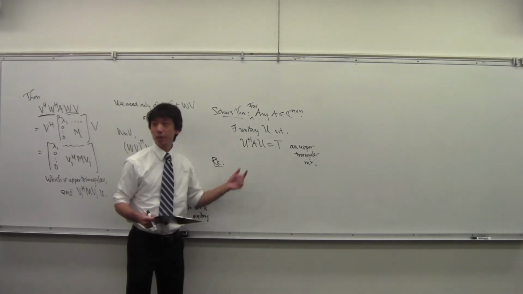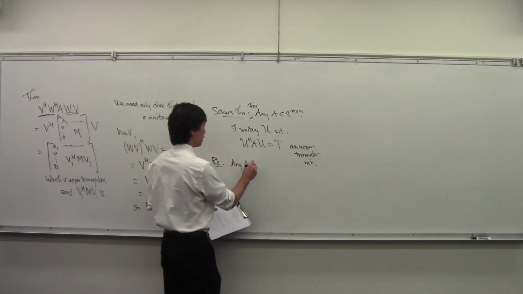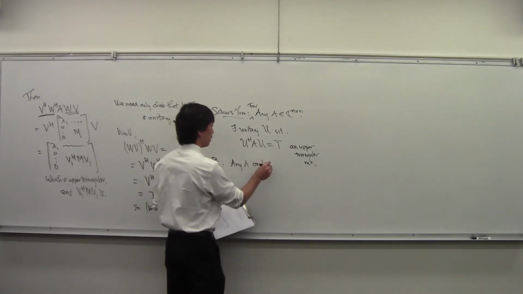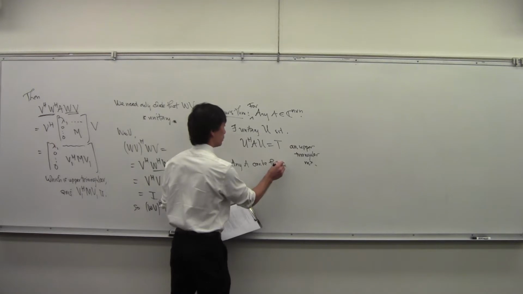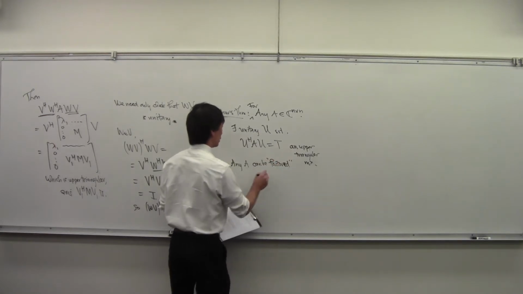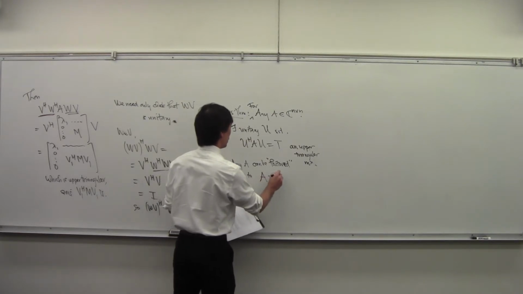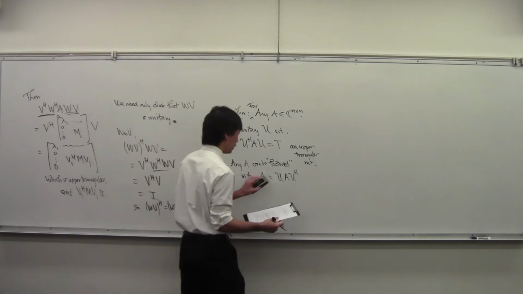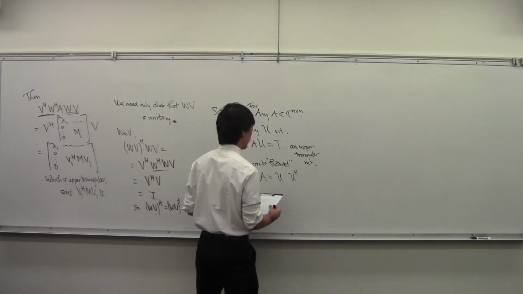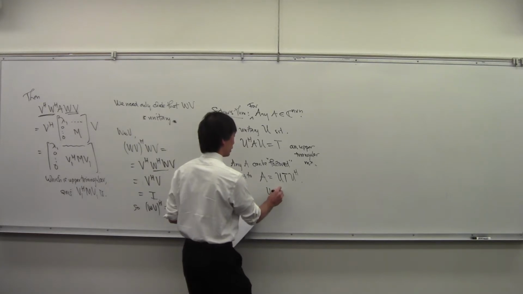Remark. What this also says is that any A can be factored into A equals U T U H, where U is unitary and T is triangular.